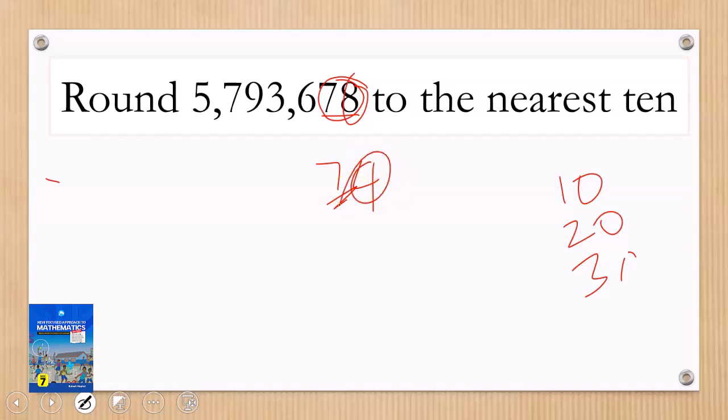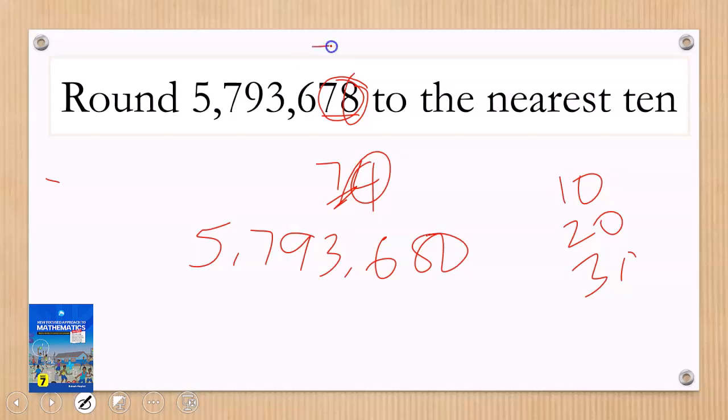But because this one is 8, this number cannot be written as 5,793,670. So to the nearest 10, we'll call it 5,793,680. Again, if this question had come as 74 here, we would have written our answer as 5,793,670. Take note of that.